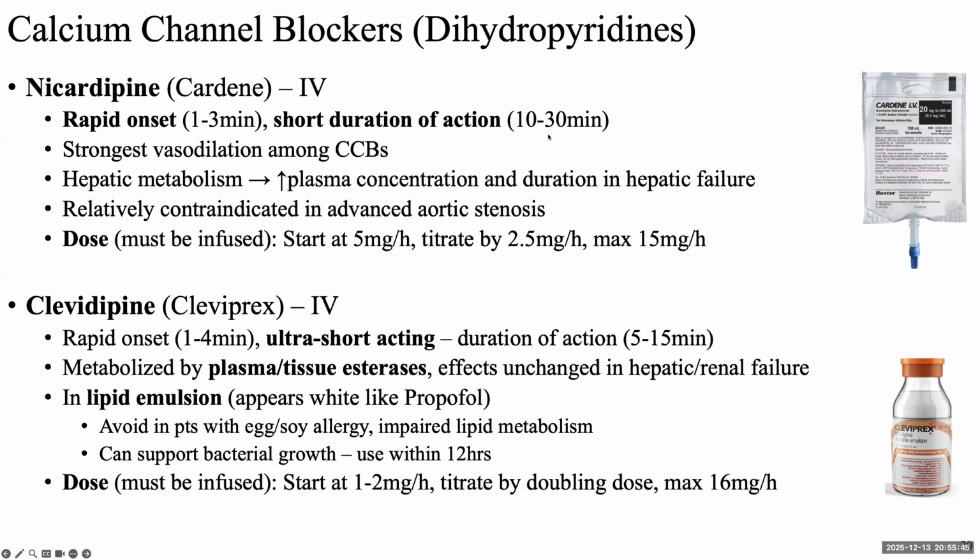But honestly, clinically, I think it could be even less than that because when I titrate this drug on and then I titrate it off, I pretty much see the clinical effect gone in a matter of a few minutes. I've never seen it last as long as 30 minutes, but maybe with a prolonged infusion, it could be.